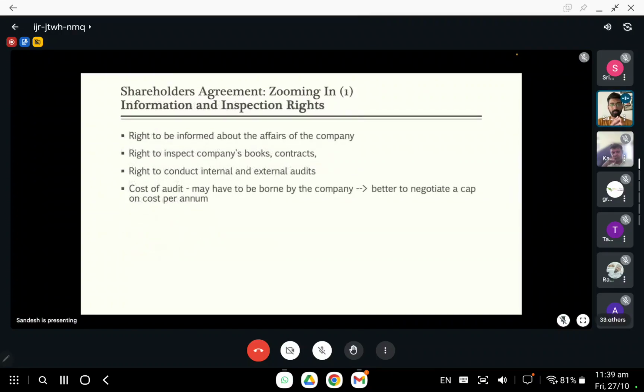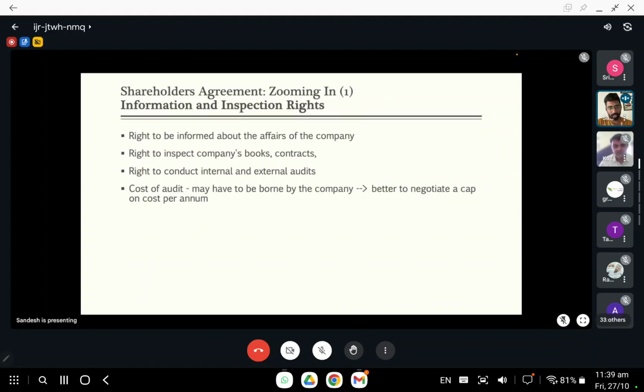The first set of clauses is information rights. Your investor, whoever is investing, typically is not going to be involved in your day-to-day affairs. They will ask for a monthly call, they'll ask for your bank statements, they'll ask for important contracts. If you're entering into a contract of, let's say, 500 crores or something like that, then they might want to ask you for a copy of that contract.